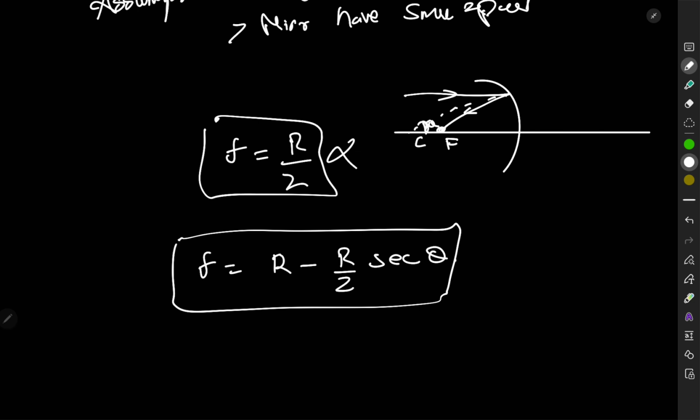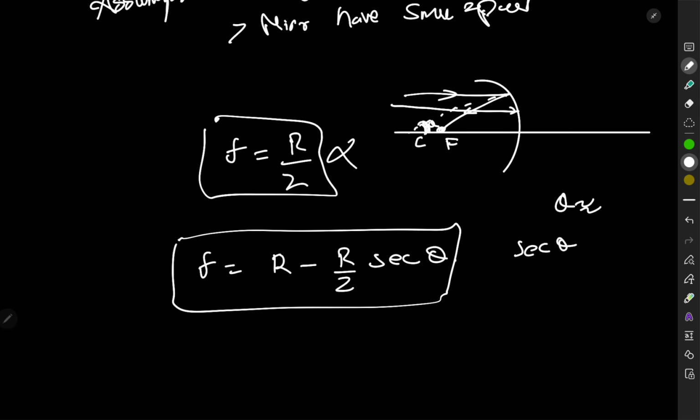Just because they are paraxial rays, they are literally very close, which means theta is very, very small. Then sec theta, when theta is very small, we can assume that as 1.